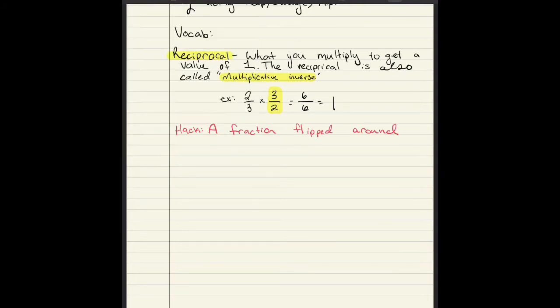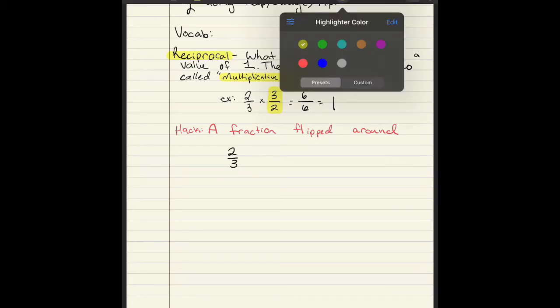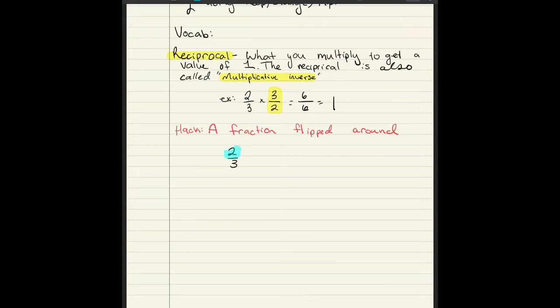So the hack is a fraction flipped around. So if we look at 2/3, our numerator is 2 and our denominator is 3. Now if we were to flip it like our hack suggests, we flip 2 to the bottom and 3 goes on the top, so it would be 3/2 now.